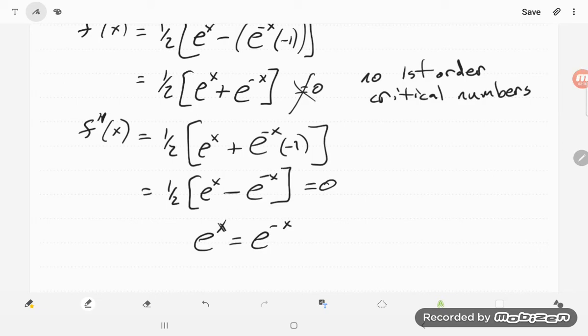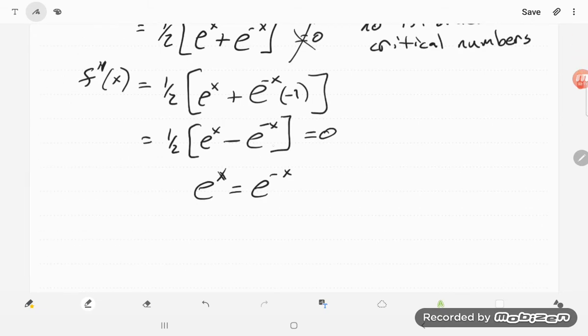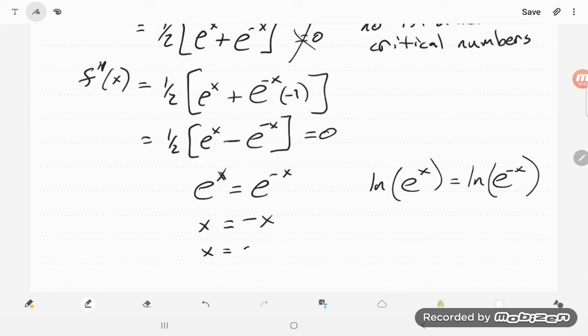Well, you can think of that as taking the logarithm of both sides, but you can also just say the bases are the same, so the exponents have to be equal. We get x equals minus x, and the only time that happens, of course, is if x equals 0.